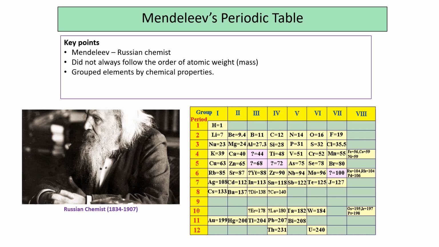He ensured that all elements were grouped by their chemical properties. He also left gaps for undiscovered elements. For example, this question mark here with the number 68, this element soon became gallium, and this element with a mass number of 72 became germanium.